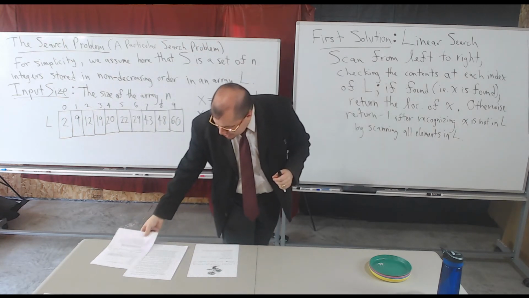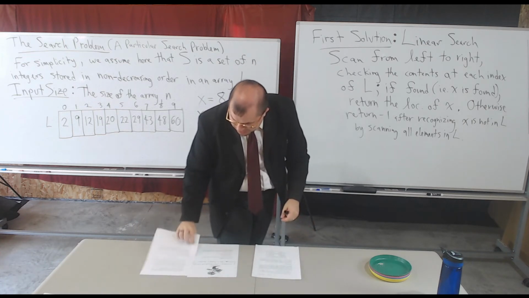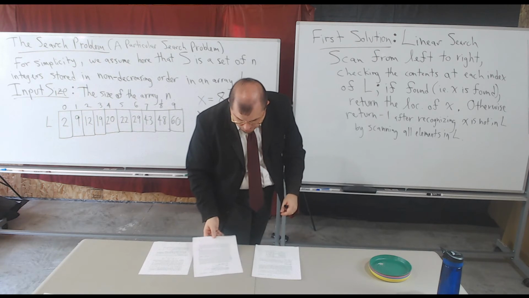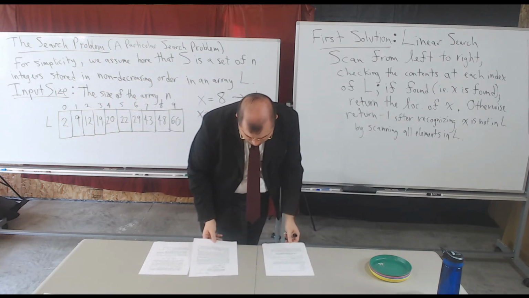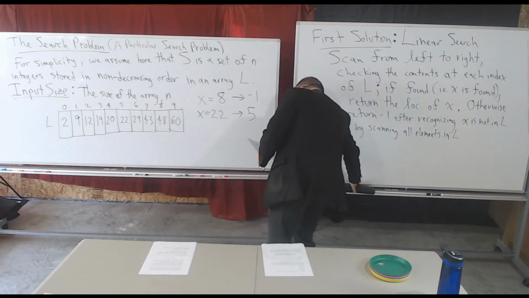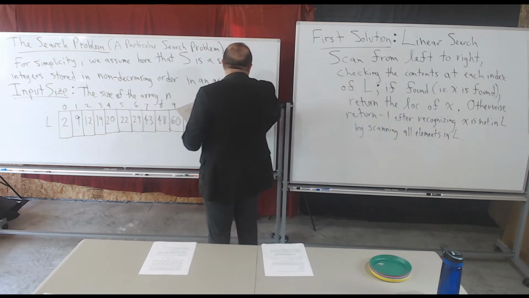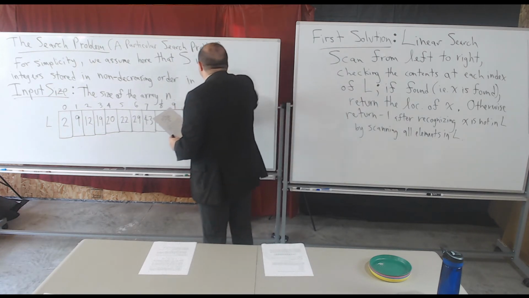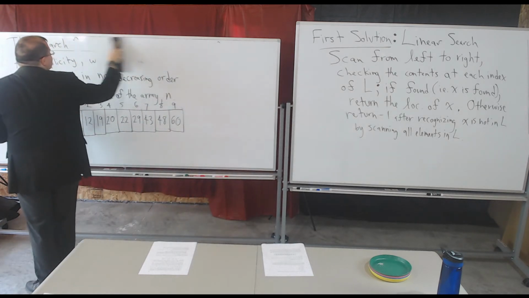So naturally, when you're doing things like this, you need to talk about how you might actually approach doing this. What I'm going to do is write down some pseudocode for linear search. So I've described the algorithm here, just in words, just to make this a little easier. Then I'm going to write out some pseudocode.